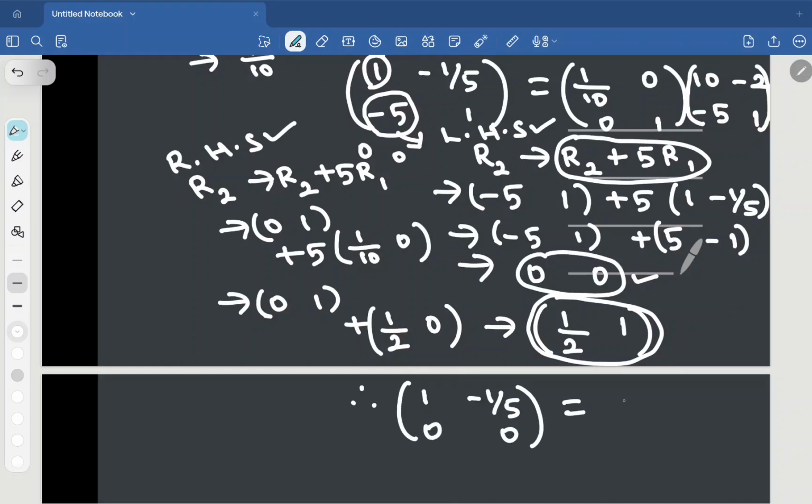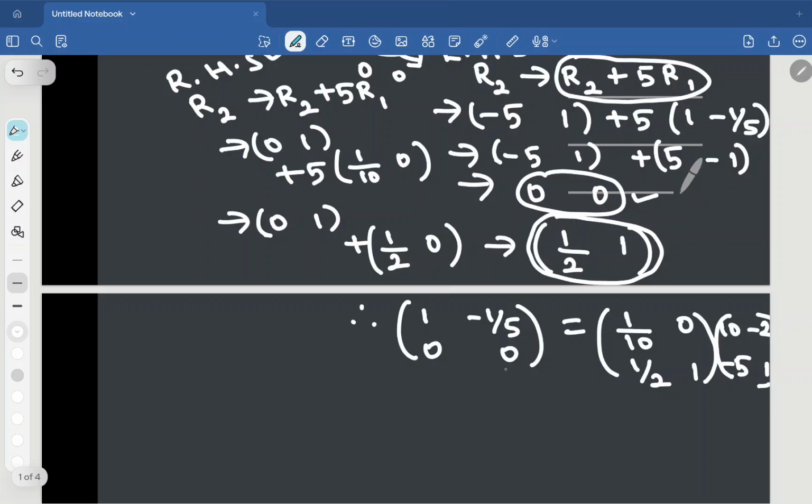What about RHS? First row as it is: 1 by 10, 0. Second row: 1 by 2, 1. What about P? 10, minus 2, minus 5, 1. This is P.